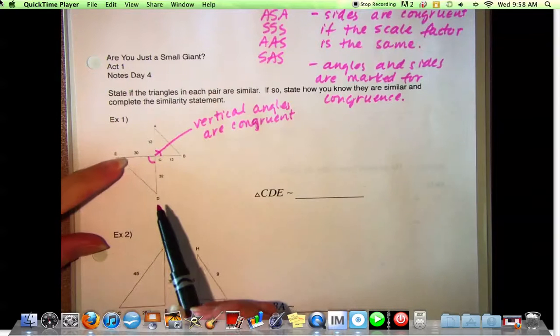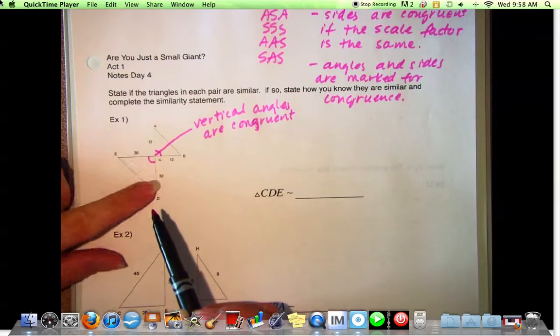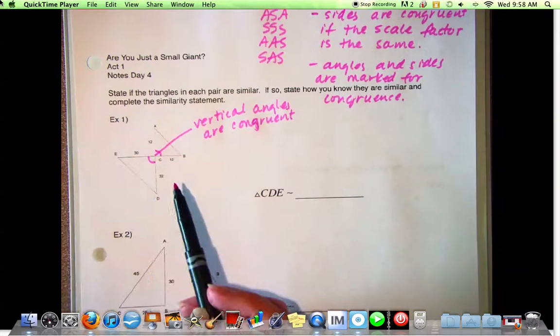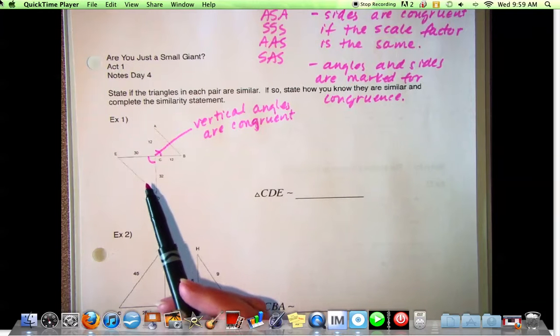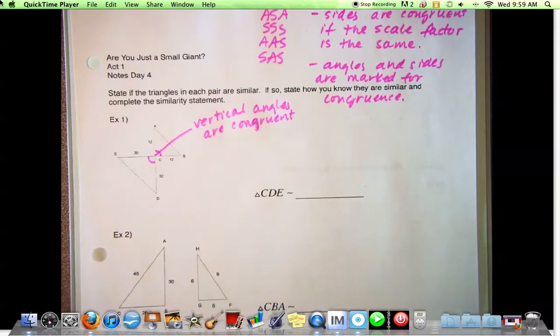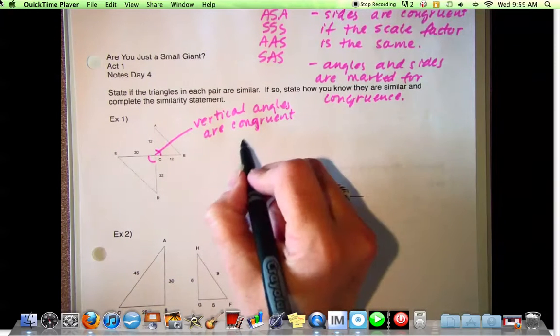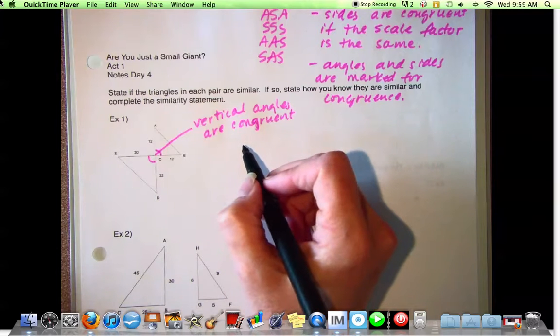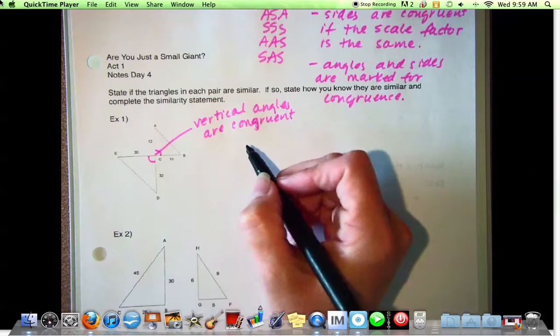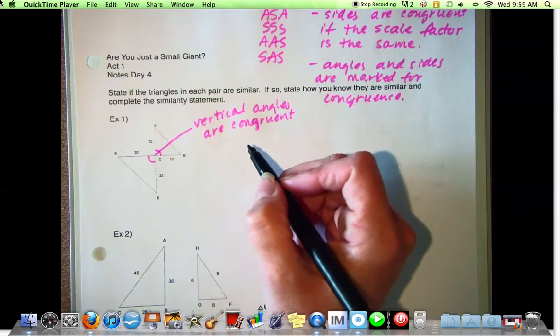So we have a side, an angle, and a side, but we need to determine if the scale factor from one triangle to the other is the same. So, side AC has what length? 12. And we want to check to see if it's congruent to which side?